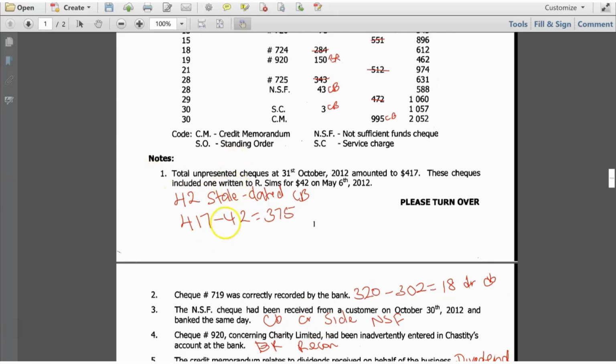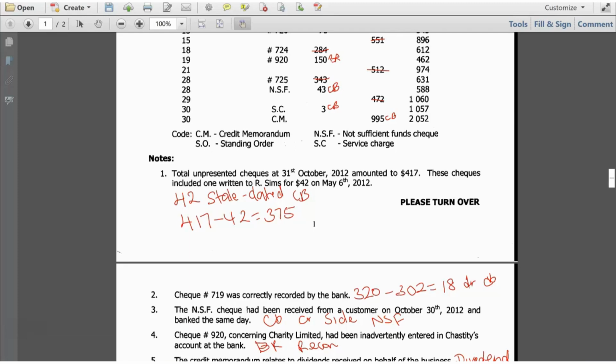We have to remember this stale dated check. Remember that this check would have become stale dated from November 6th, right? Because it was written on May 6th, and our Sims, that person never cashed the check, so it never cleared the account. So this is November 30th that we're updating.